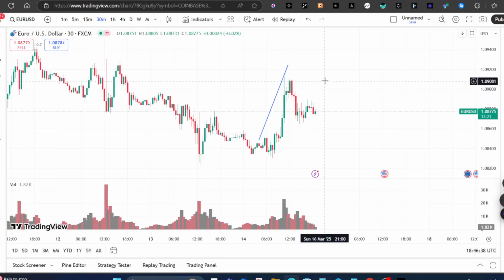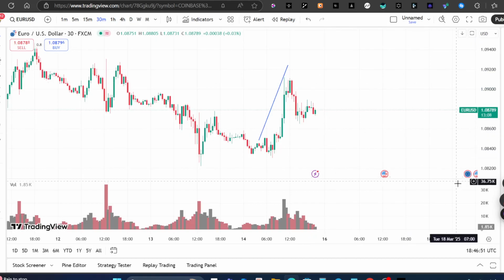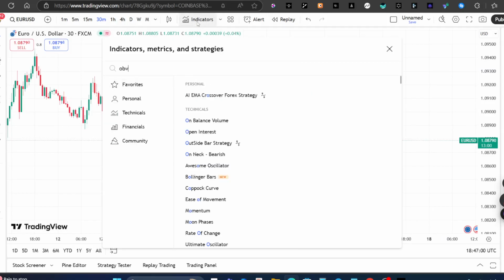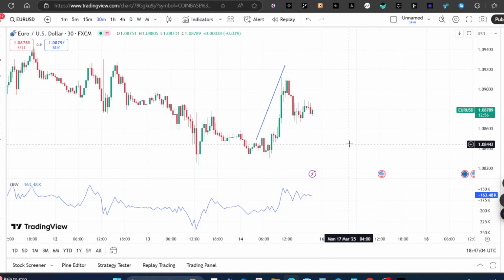By using volume indicators, you can make smarter trading decisions, avoid bad signals, and increase the chances of catching strong, sustainable trends. Now, the first volume indicator that we are going to look at is the on balance volume, or the OBV for short.